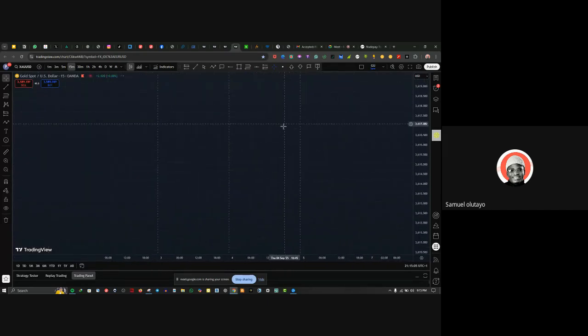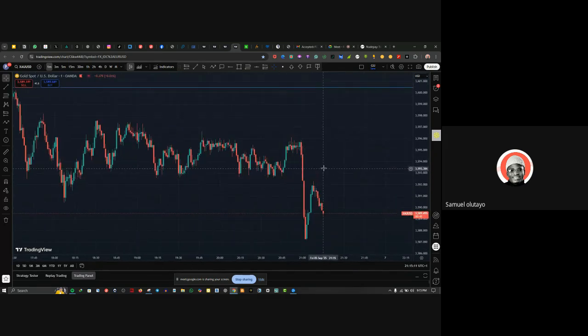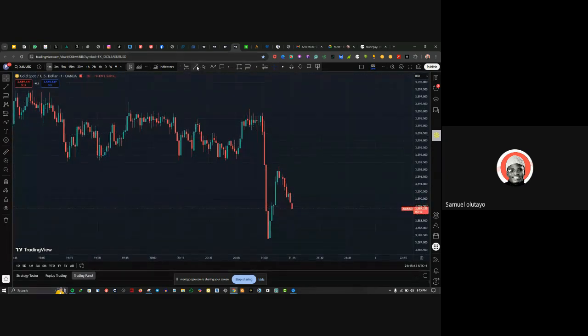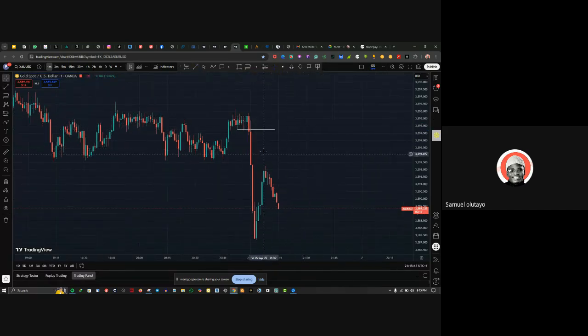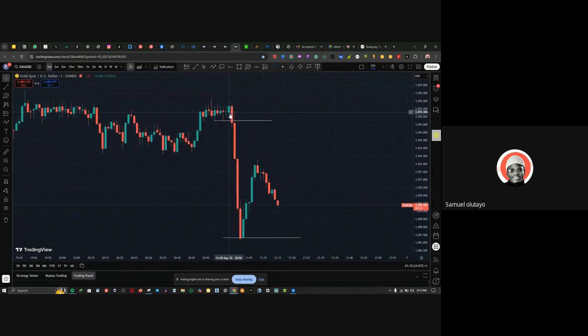So, say for instance, let me scale down to a 1 minute chart. A scalper will enter from here and come out and get out here. Now, if I'm to evaluate what happened here, this is how many minutes? 1, 2, 3, 4.